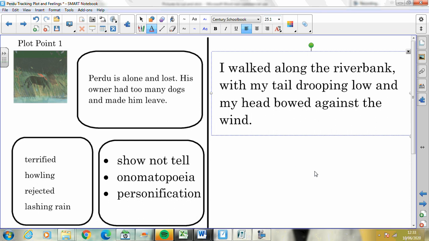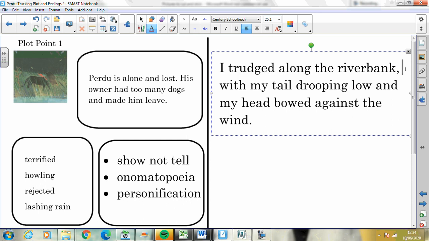But I think I could make this even better. I walked along the riverbank. I think I could add to that. Instead of saying walked, I wonder how I would walk if I was feeling really sad. How about I trudged along the riverbank?